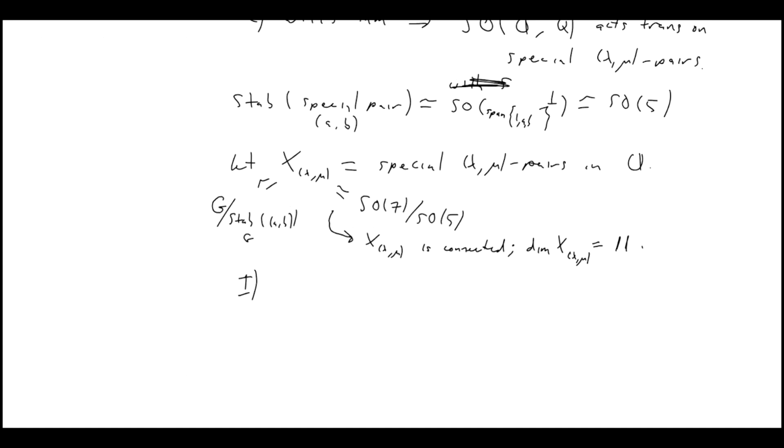Okay, so let's figure out the stabilizer. To be specific, I'm going to take A, B, lambda, mu, a special pair. We want to look at all of the elements of G which fix AB.